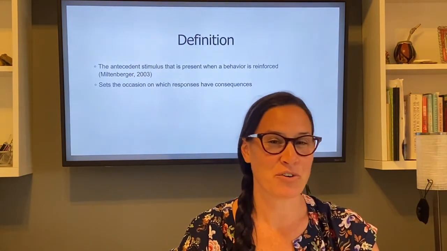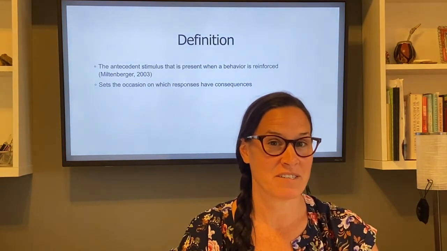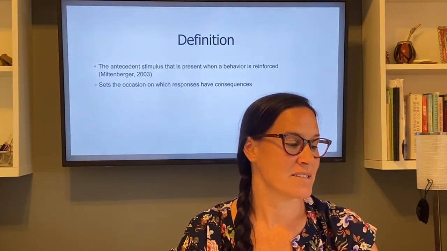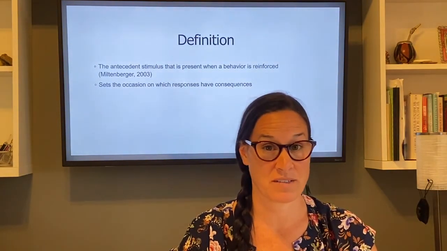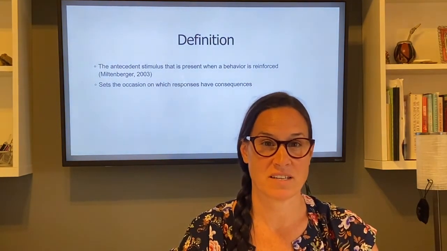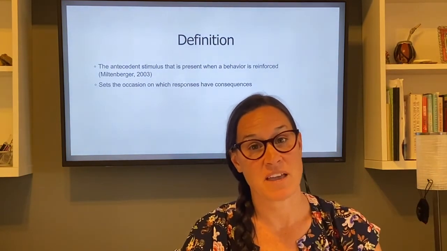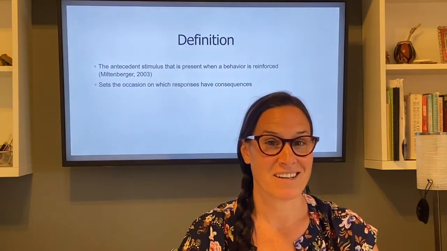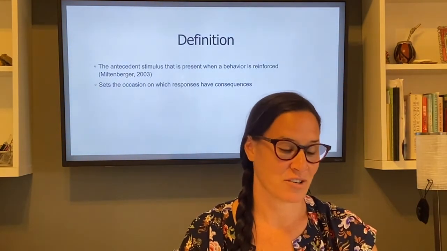I found another cool definition of the discriminative stimulus, and it sets the occasion on which responses have consequence. I like that one too. It broadens it because the SD signals the behavior to be reinforced, but in the presence of that, if other behaviors occur, other consequences occur.